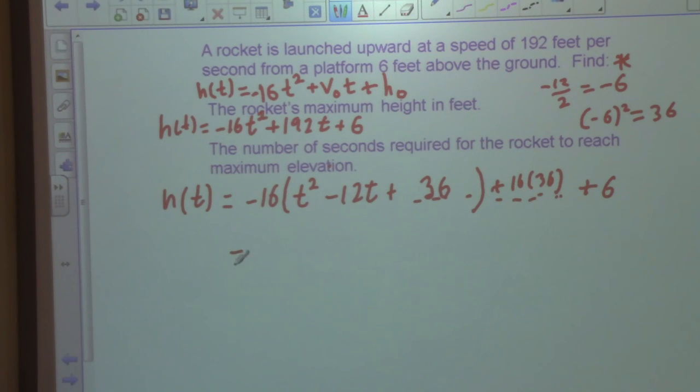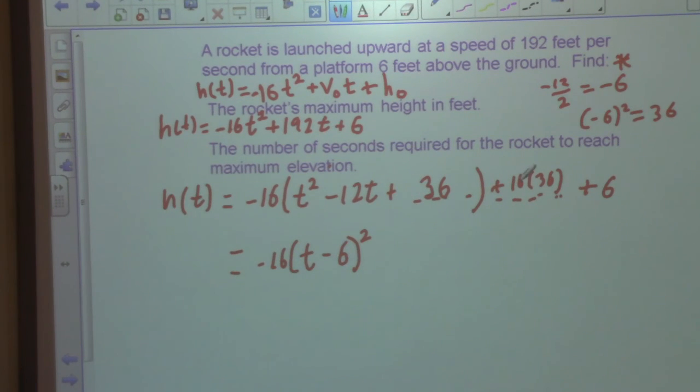So now we can write this as negative 16, and we have t minus 6 squared, and that's where our asterisk comes from, minus 6.